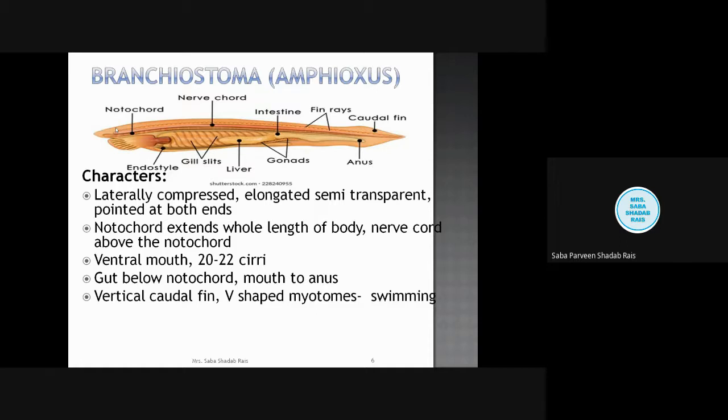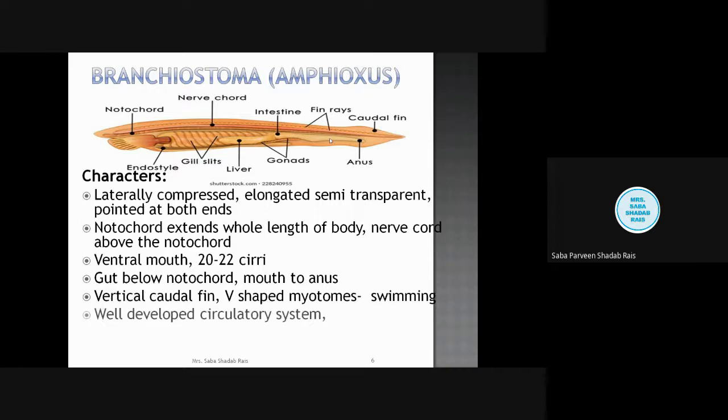They have a vertical caudal fin, and it surrounds the tail. This is the tail of the animal, and the caudal fin surrounds the tail region. V-shaped myotomes are present. These myotomes help the lateral movement of the animal while swimming.